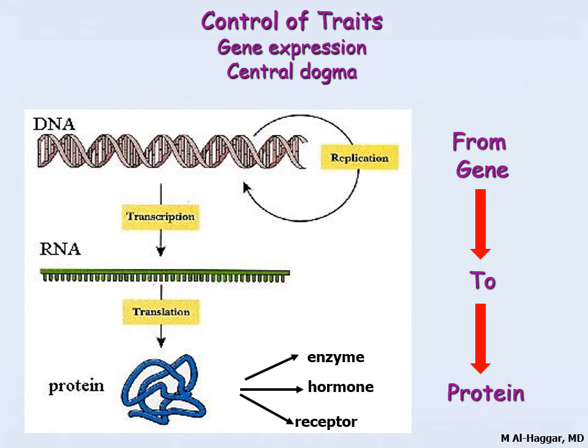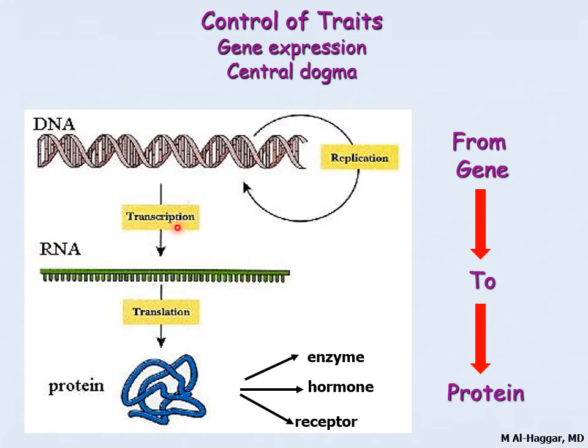After knowing the DNA replication that prepares for cell division, we have to say how the gene is controlling the trait. The gene is controlling the trait by what is called gene expression. Actually, gene expression is called the central dogma. The central dogma is composed of two main processes. The first process is called transcription, in which the DNA is changed into a message, which is called messenger RNA.